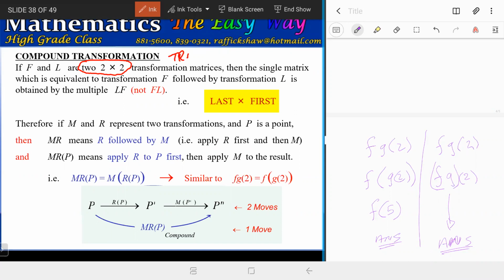Translation matrix, can I use it? No. You cannot get a single transformation with a translation. If one of them is a translation, it cannot be. You have to do it in the two moves. We're going to see that later on with some questions.